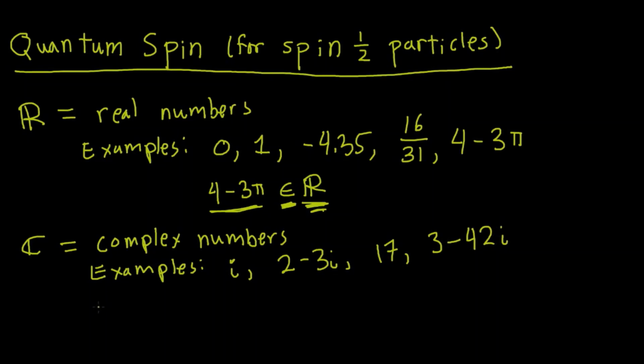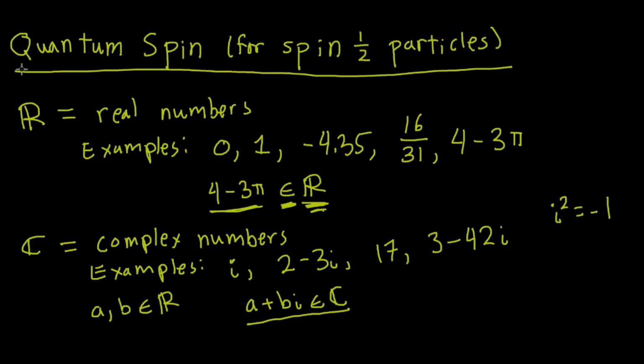If a and b are real numbers, so a and b are elements of the real numbers, then a plus bi is a complex number. Just to remind you, i squared is -1, so it's the imaginary unit. Every complex number can be written as a plus bi for some real numbers a and b.